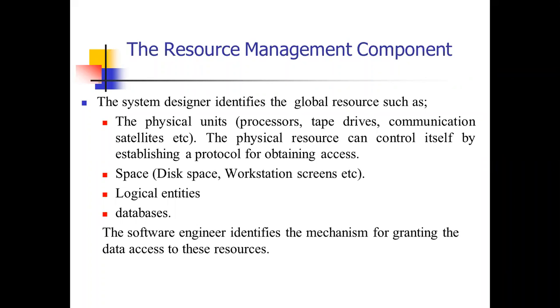The system designer also identifies resources like space, which may be disk space or workstation screens, and then logical entities and databases. Logical entities are like object IDs, file names and class names. In the case of logical entities, there is a risk of conflicting access in a shared environment, when the units are shared.